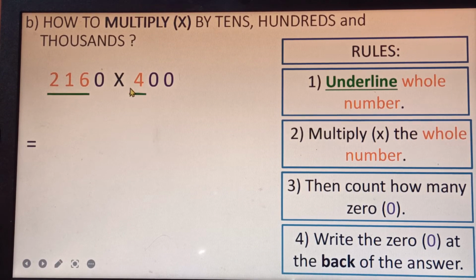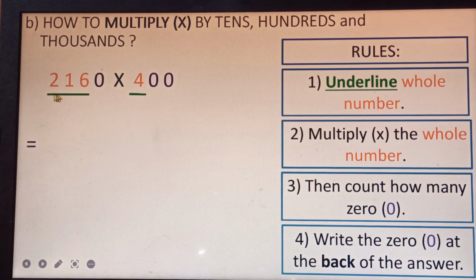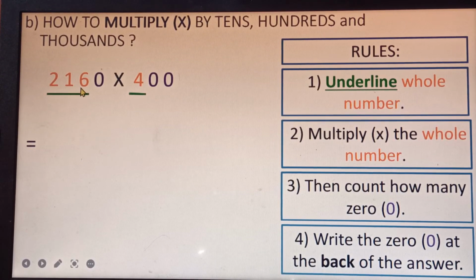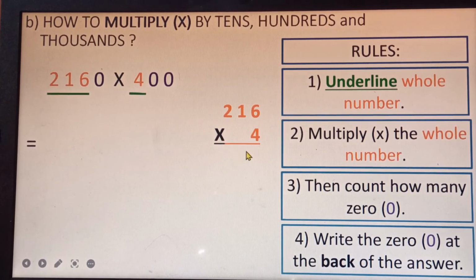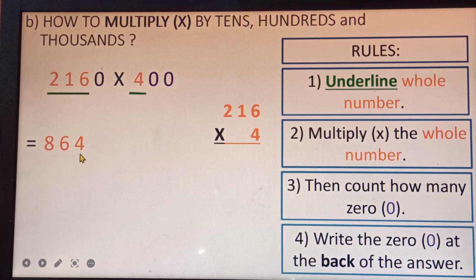2,160 times 400. Okay, here first we check which whole number we must underline. Because the zero is at the back, we take 216 only as the whole number. And where is the whole number here? 4. Okay, so you show your working, find the answer as usual, and you got 864.